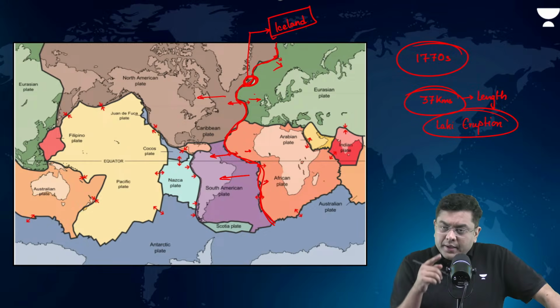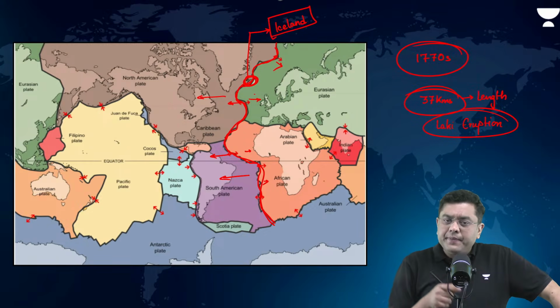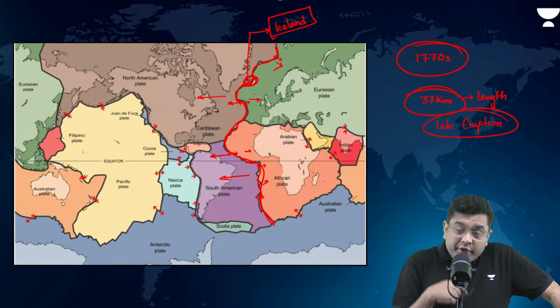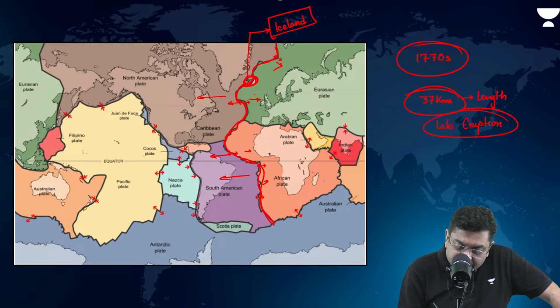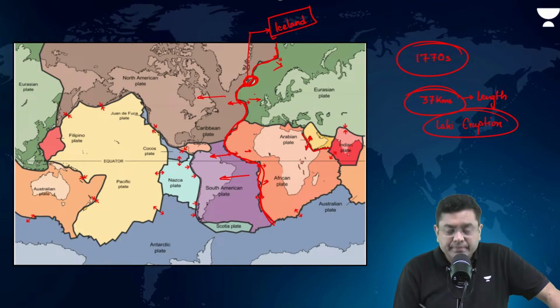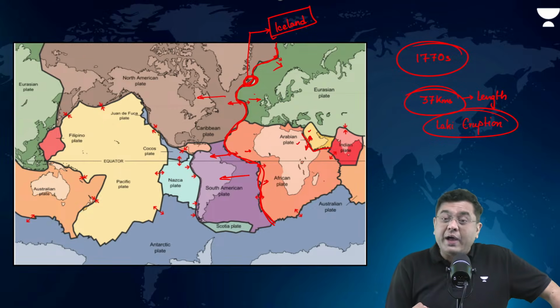Now, yes, correct, Akshay. In this case, what scientists have recently found out is that the same thing has been happening here also, which has created the Red Sea. Earlier, the Arabian Peninsula was actually attached to Africa.